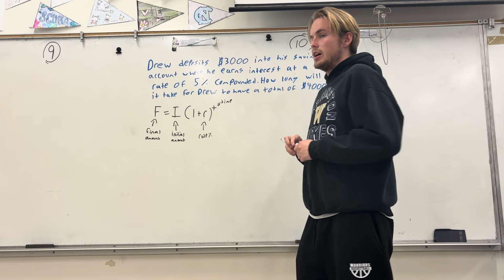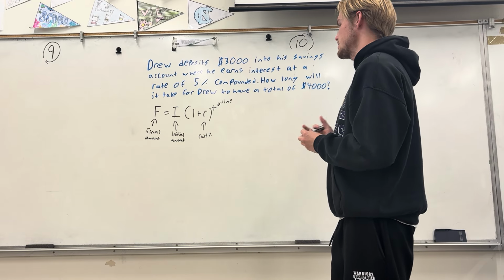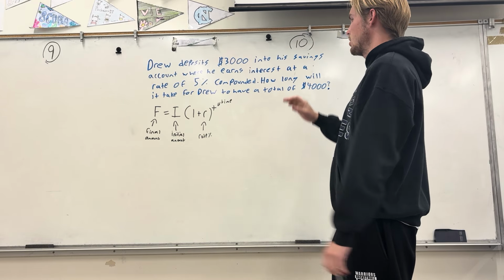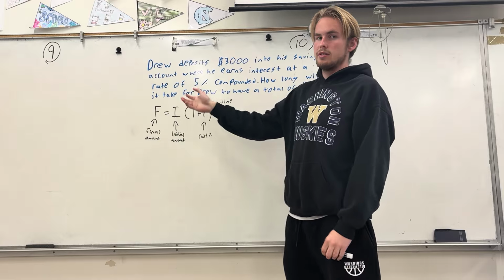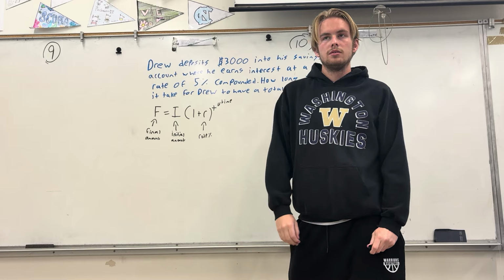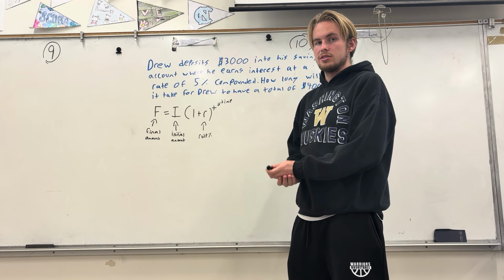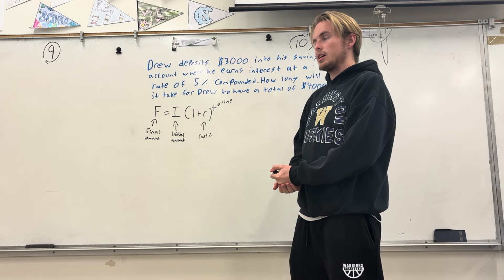Another thing about this formula. This only applies if our interest is being compounded every year. What that means is at the end of every year, that's when the recalculation occurs.